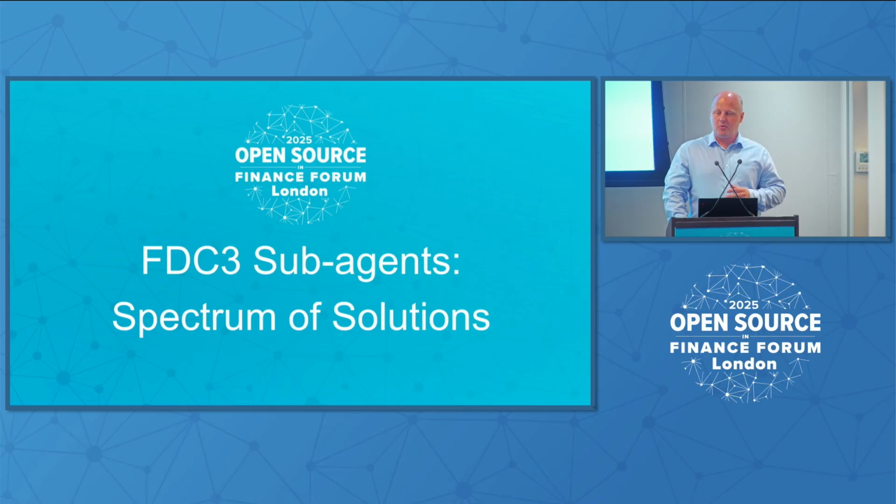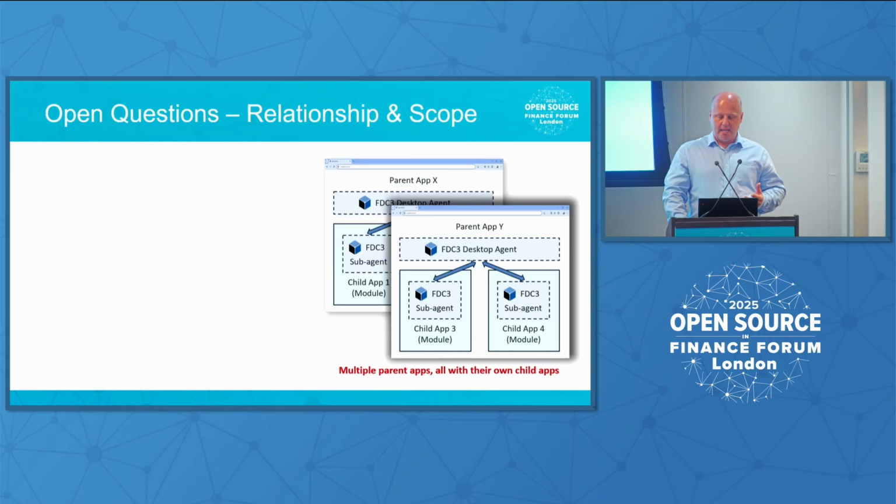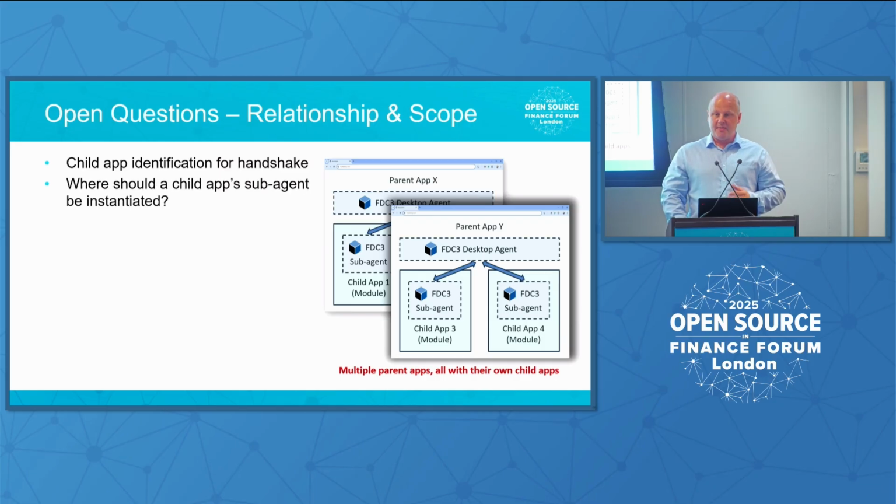So in working through this proposal, it's clear that there's a number of different open questions, the first of which relates to relationship and scope. So child apps need their own identity for handshaking purposes when they first instantiate a FDC3 sub-agent. There's also the question of whereabouts in the workflow the child app sub-agent should be instantiated.